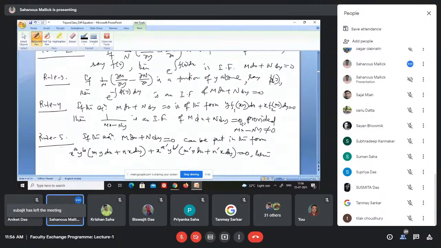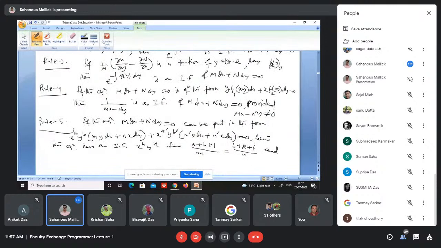then the equation has an integrating factor x to the power h y to the power k, where (a plus h plus 1) by m equals (b plus k plus 1) by n, and (a prime plus h plus 1) by m prime equals (b prime plus k plus 1) by n prime.